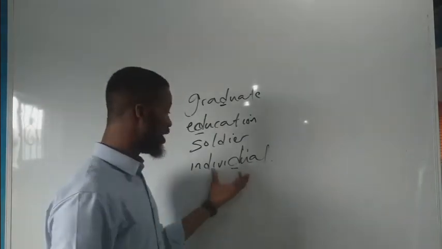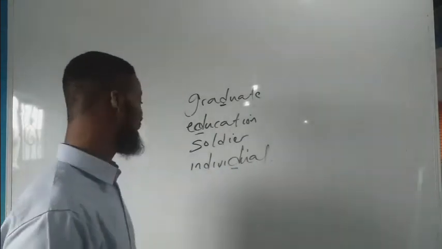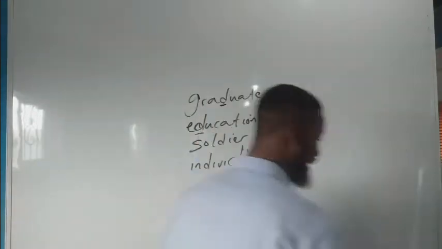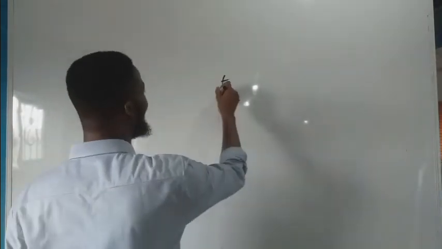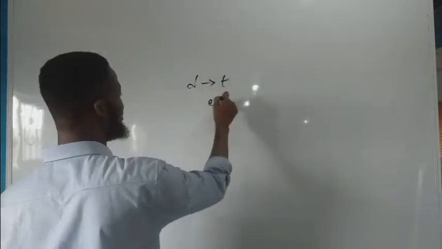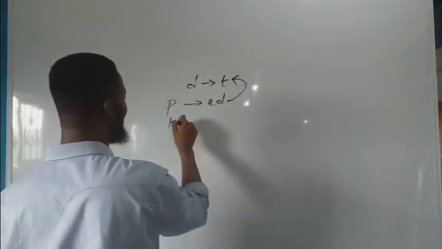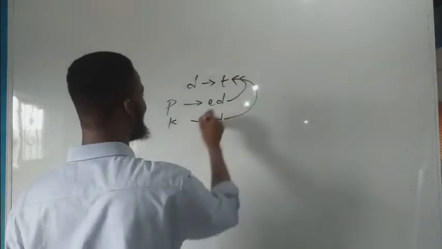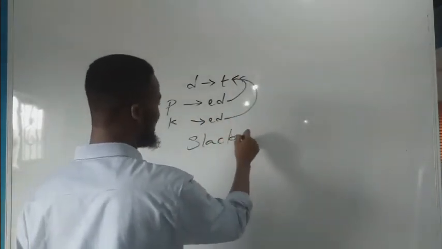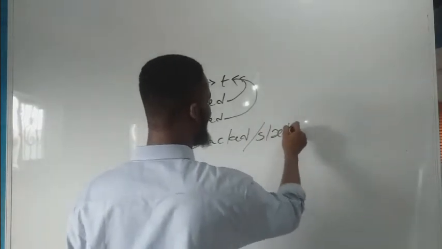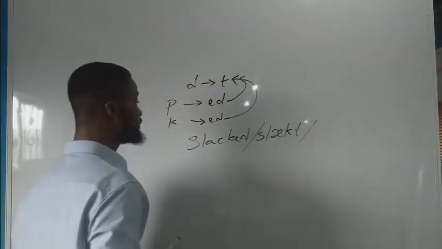We have dual, J. So you need to watch out for words like that, where D turns to J. And like I said earlier, D also is realized as T. D is realized as T. The other one we had, when you have P plus ED, it will turn to T. When you have K plus ED, it's going to turn to T. Just like I said, SLACKED is pronounced as slackt. Alright, so now we're going to have to answer questions on this to test our knowledge on the sound D.